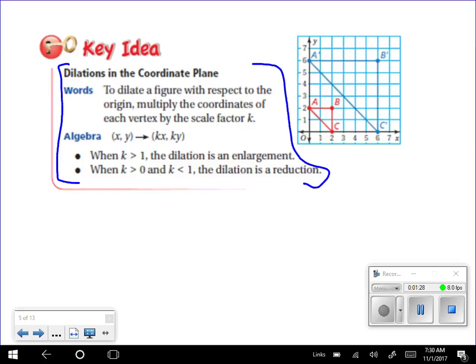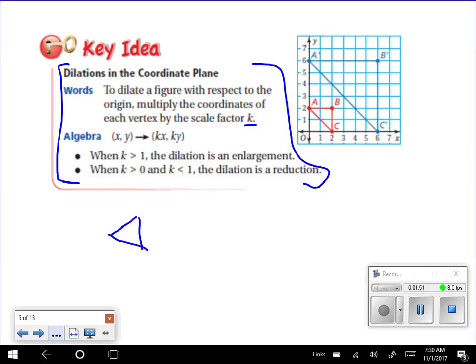You don't need to draw the picture, but to dilate a figure with respect to the origin, which is how we're going to always do it, we're going to multiply the coordinates of each vertex by the scale factor of k.